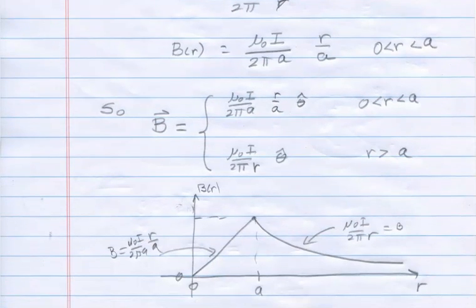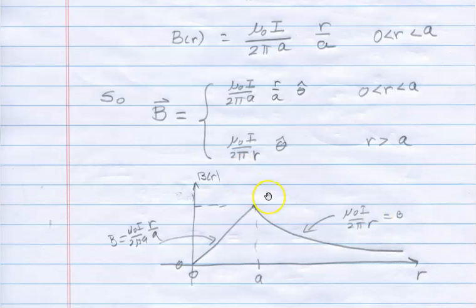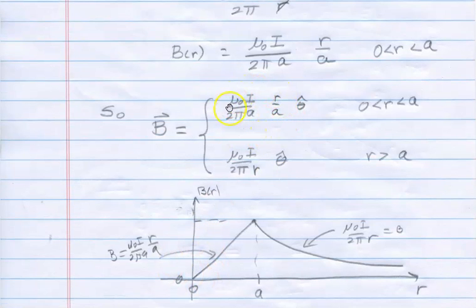You can graph that, at least the radial portion of it. For outside, for r bigger than a, it's going to be this expression, so it'll fall off like mu naught I over 2 pi r. For inside, if you look at the inside solution radially, it goes linearly with r, so it's just going to be a straight line. I know that at r equal to 0, it's 0, so that's included there.